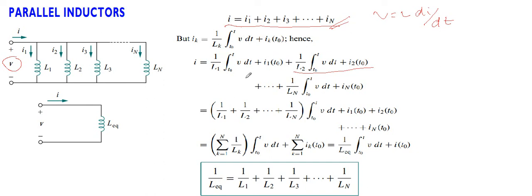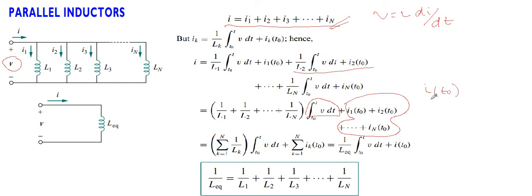Now, as you can see, since the voltage is the same for them, again we factor it out. And also, this one is our initial currents. But we know that if we sum this, we can say it is our total initial current.